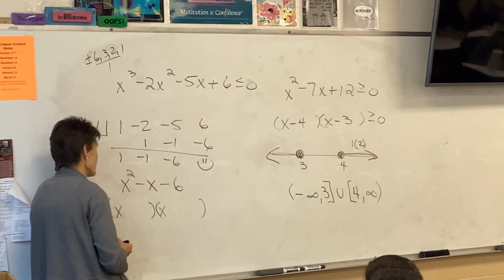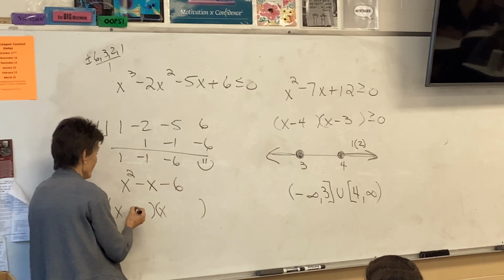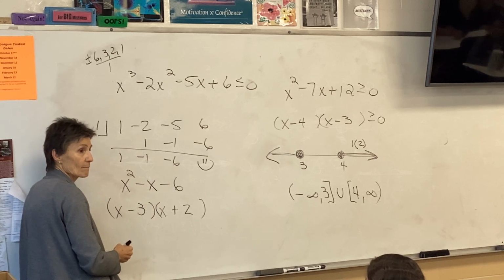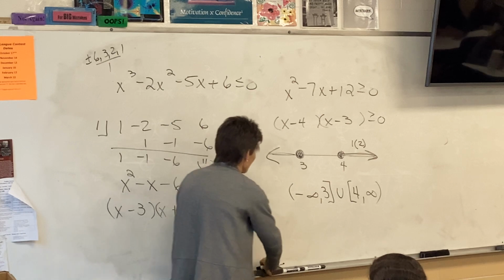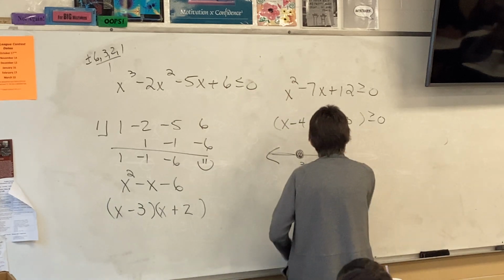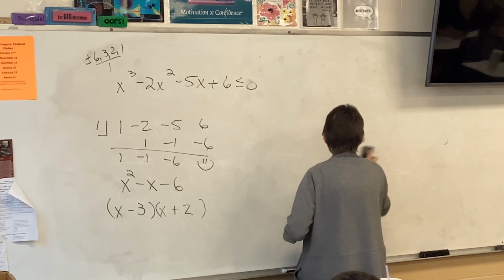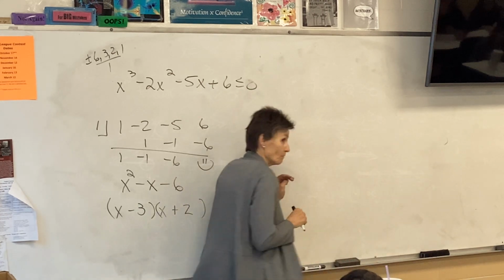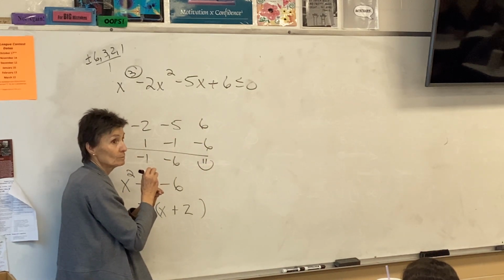So for these inequalities, how many dots are on my number line? 3 dots. First of all, see this right here? That's a clue.